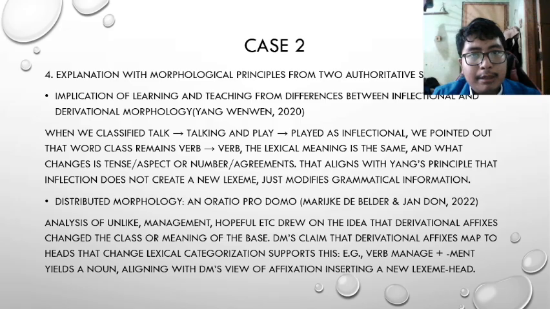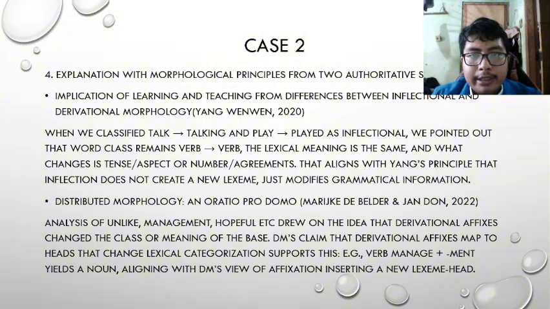Explanation with a morphological principle from two alternative sources. From Implications for Learning and Teaching from the Difference between Inflectional and Derivational Morphology by Yang Wenwen, 2020: when we classify talk into talking and play into played as inflection, we point out that the word class remains verb to verb.